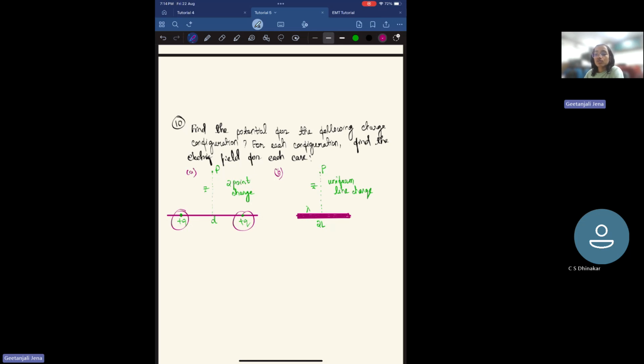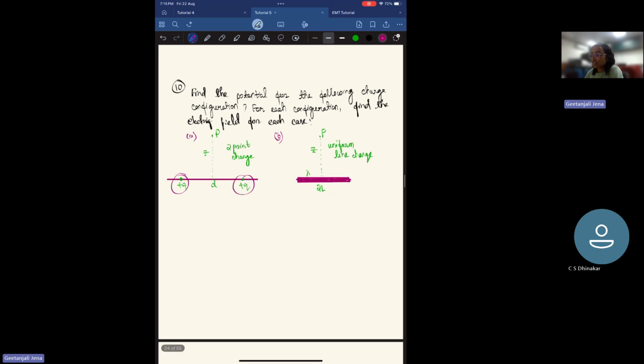The second method is to use Gauss law for a symmetric charge distribution. And the third one is, if you know the potential, then you can easily calculate the electric field by taking the gradient of this. Because the potential is easy to calculate, it's always an easier step to calculate the field from the potential. So this is also one of the ways.